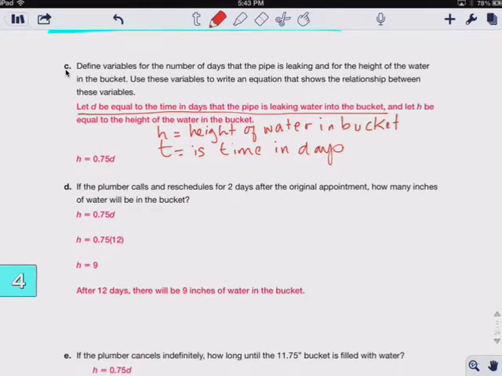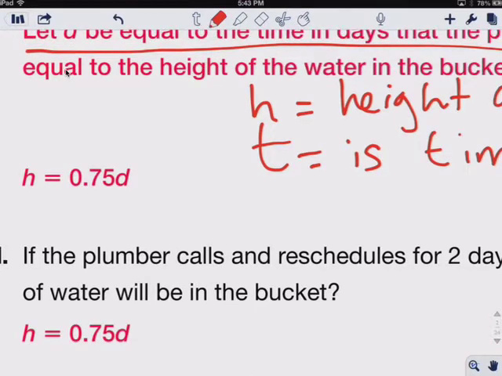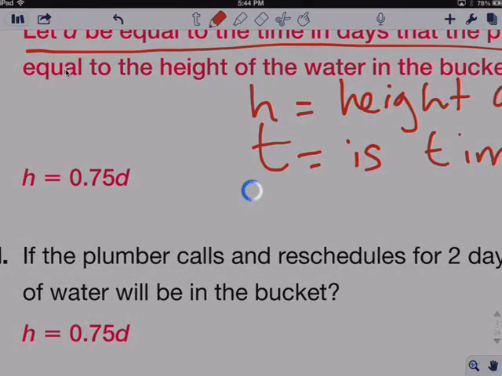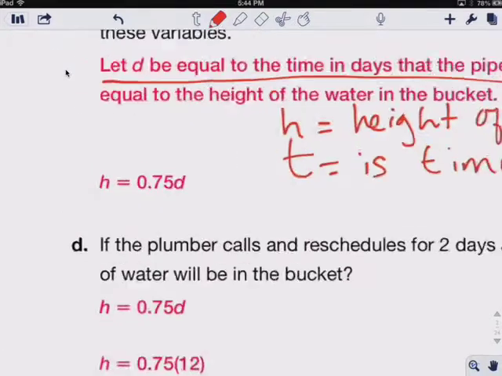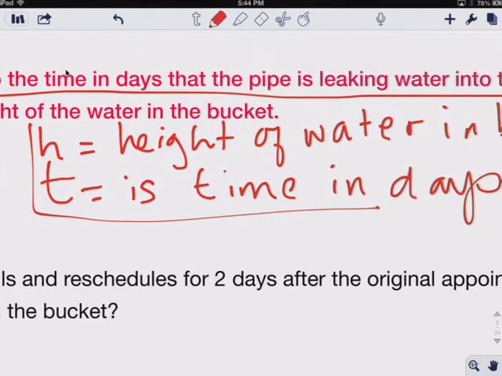They use D. I don't blame them. So instead of H equals T, you can put D, or whatever variable you choose. You just need to make sure that you defined it as such.